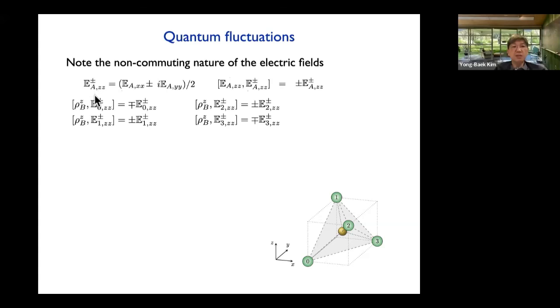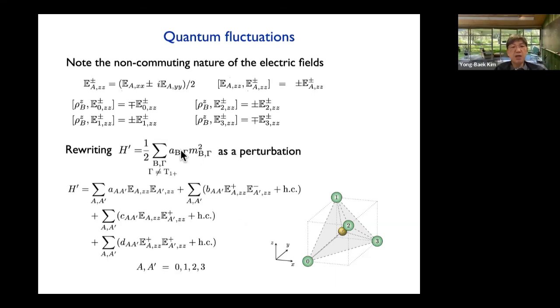Using these electric field operators, you can increase or decrease your vector charges at the p tetrahedral center. An important thing is that if you write the Hamiltonian on the p tetrahedron as a perturbation, you can re-express this Hamiltonian in terms of variables on a tetrahedron.